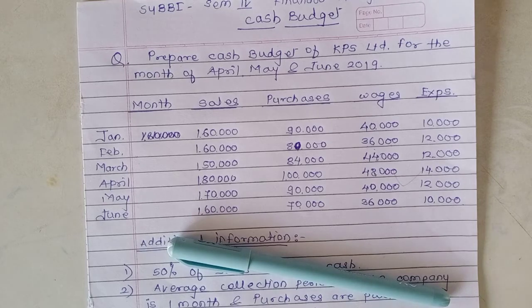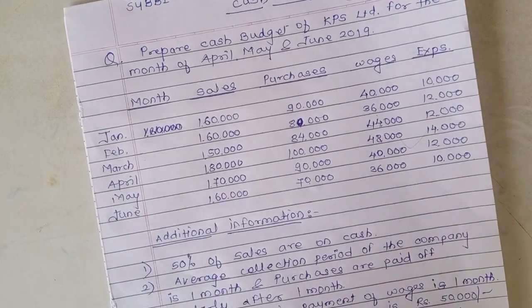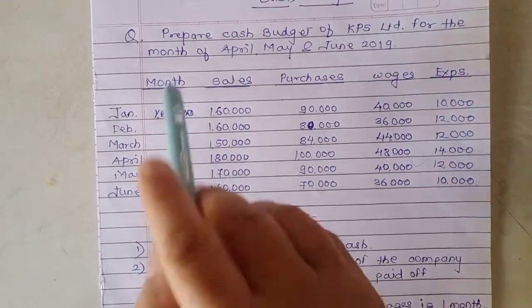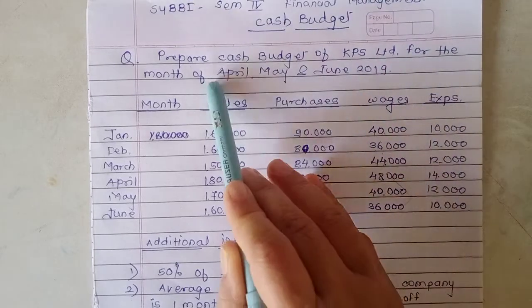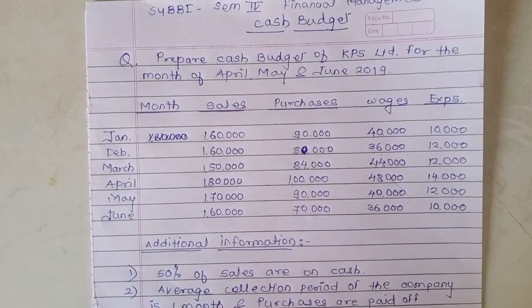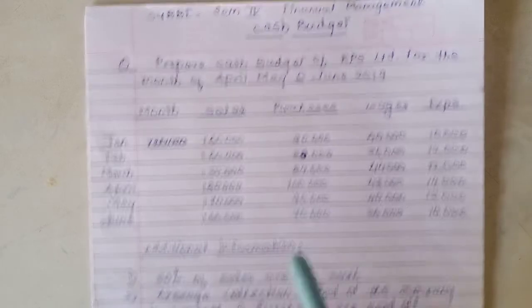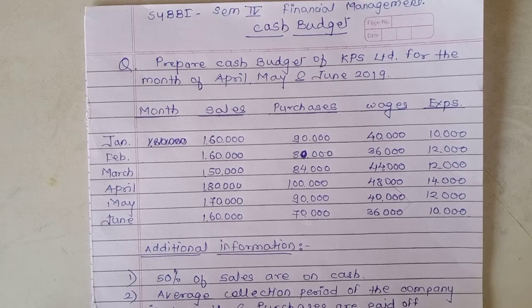Here is the question of cash budget. Prepare cash budget of KPS Limited for the months of April, May and June 2019. They have given us the following information, and with the help of this information, we have to prepare a cash budget.